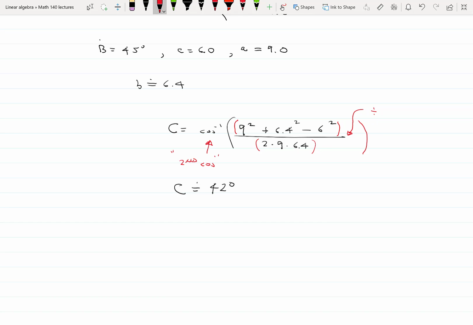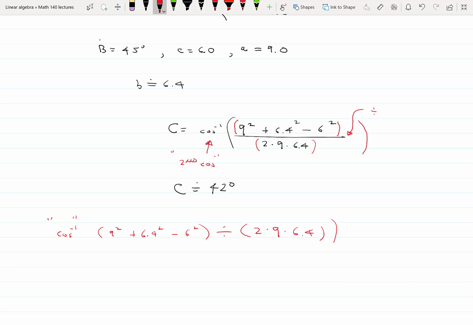So you would enter inverse cosine and the calculator would open the parentheses for you. Then you would insert parentheses and push 9, the x squared button, plus 6.4, the x squared button, minus 6 squared. Close the parentheses, divided by, open parentheses, 2 times 9 times 6.4.